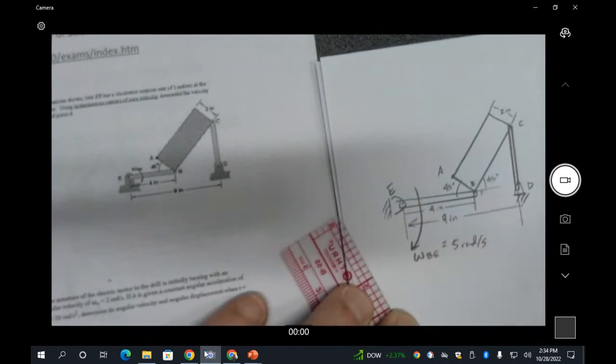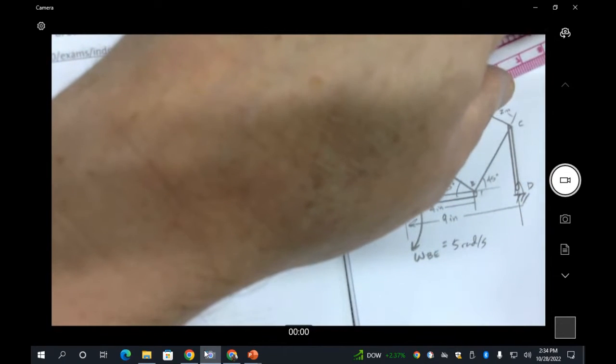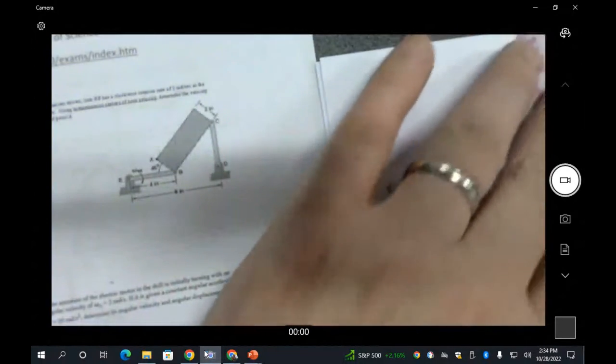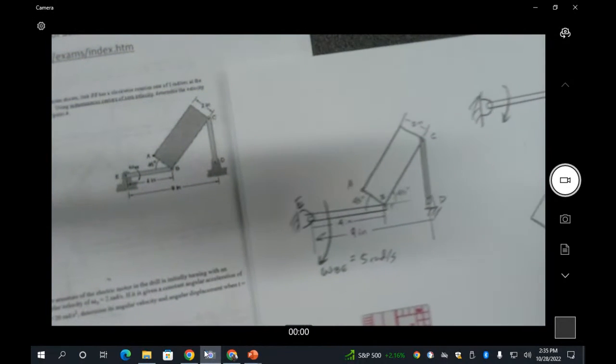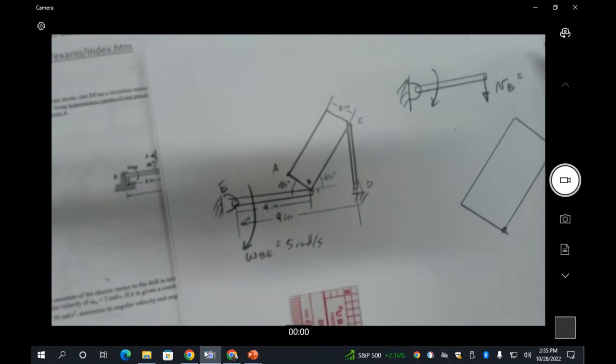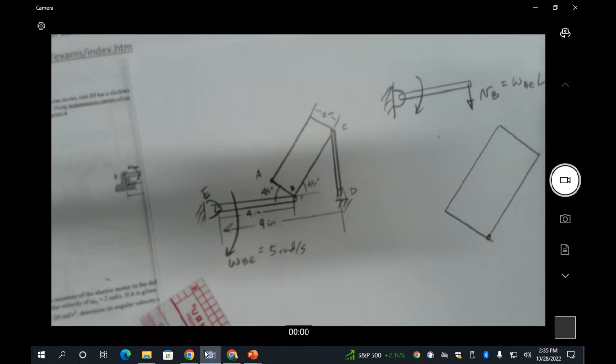We could see, well, first off, let's draw BE separately. So here's this. We know he's going this way, so we know that the velocity of B must be equal to omega BE times its length of BE, which is going to be 5 times 4.